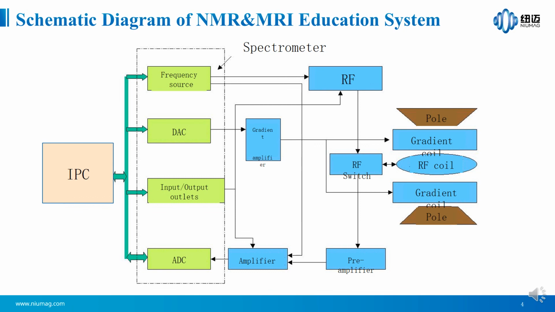After setting up the three gradient magnetic fields, the magnetic resonance signal in the coil can be spatially coded, and the spatially coded signal is also amplified and transformed, and finally stored in a computer. Through the reconstruction software in the computer, you can get 2D or 3D images. The workflow of the whole system is shown in this figure. We will show you the operation of the software later. Thank you.